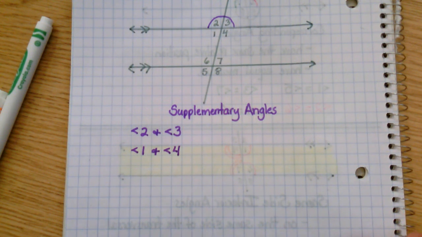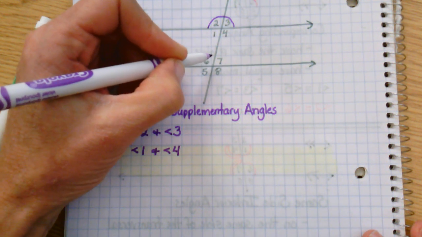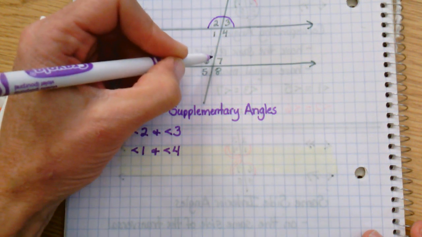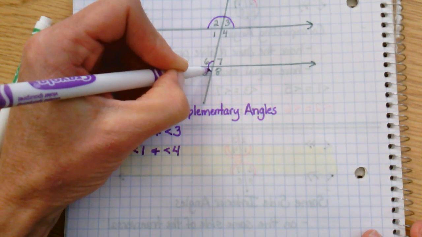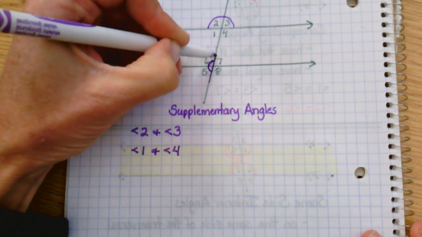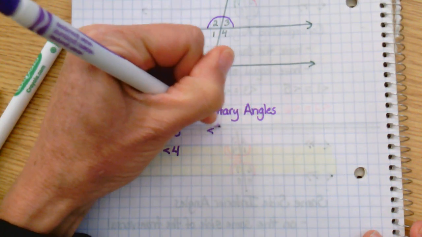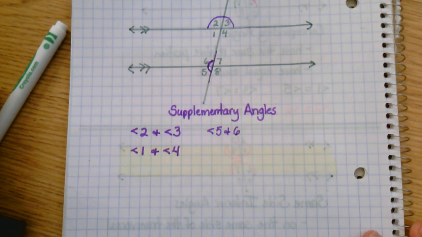If we look at it from a vertical perspective, you have supplementary angles as well. So let's look at it from a vertical perspective down below. Here we have angle 6 and angle 5 together that create this straight line right here. So angles 5 and 6 are supplementary angles.